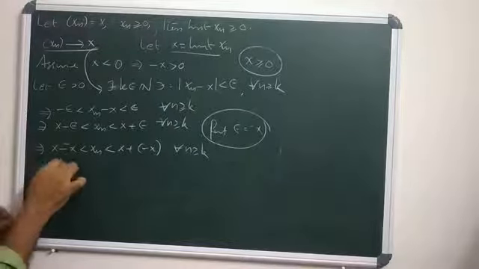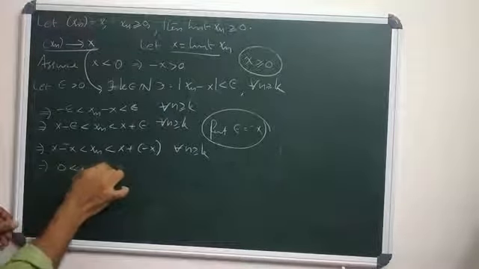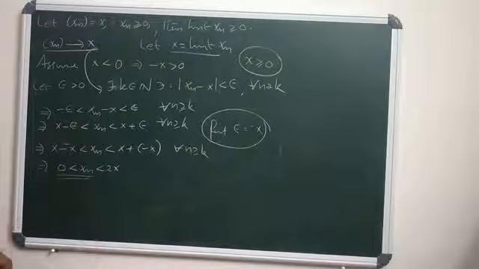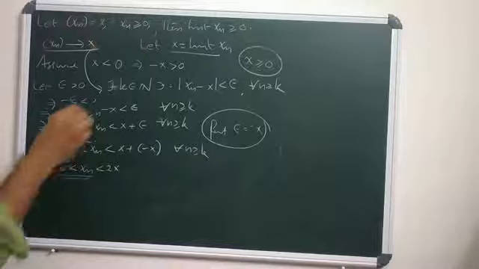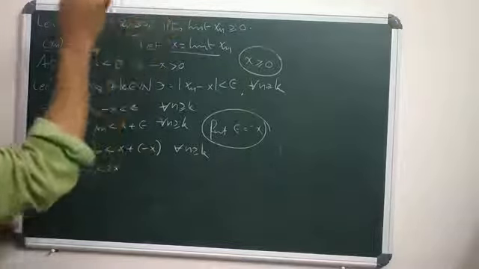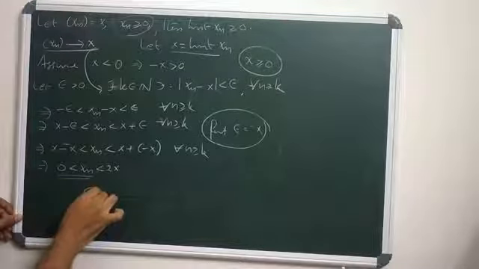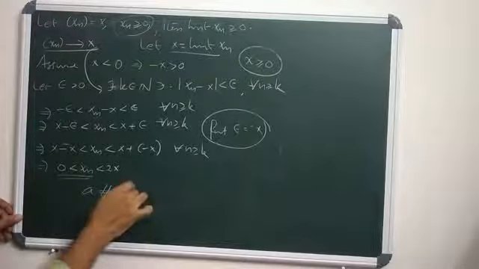That means 0 is less than xn, less than 2x. Take the first inequality, 0 less than xn. That's a contradiction to the choice of xn, which is non-negative.